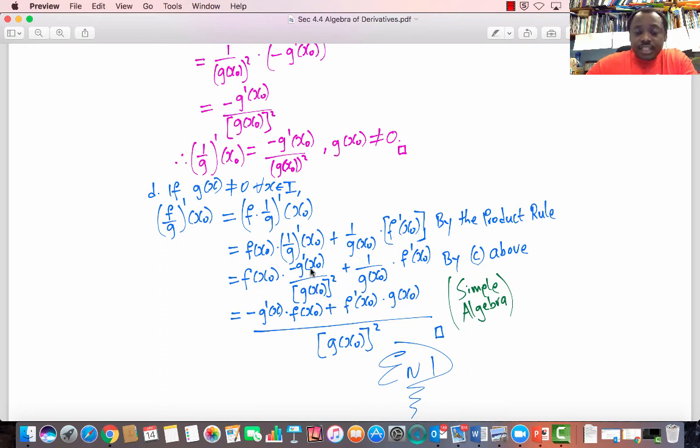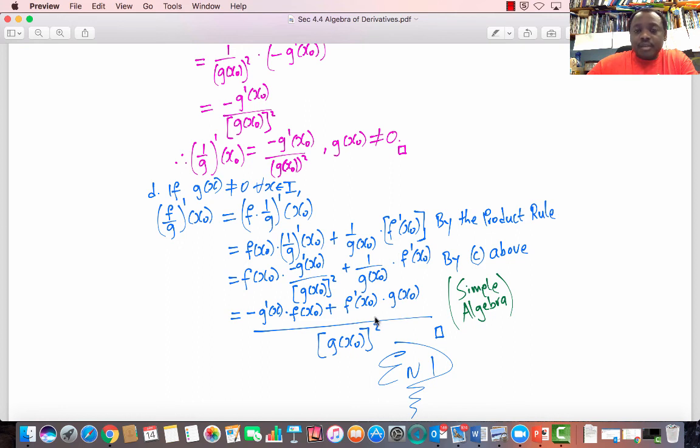And using C, which I did say was our lemma, we do know what 1 over g prime at x naught is. It will be negative g prime at x naught divided by g at x naught, all of that squared. And the second term stays exactly the same.